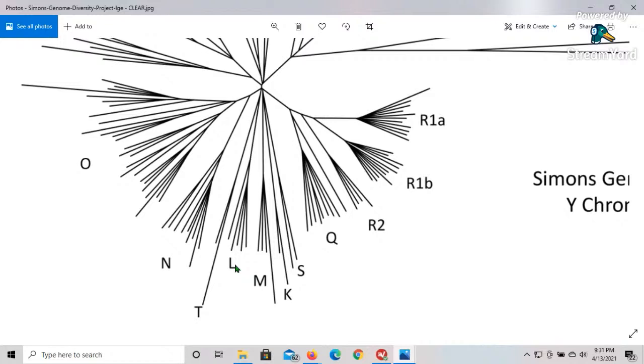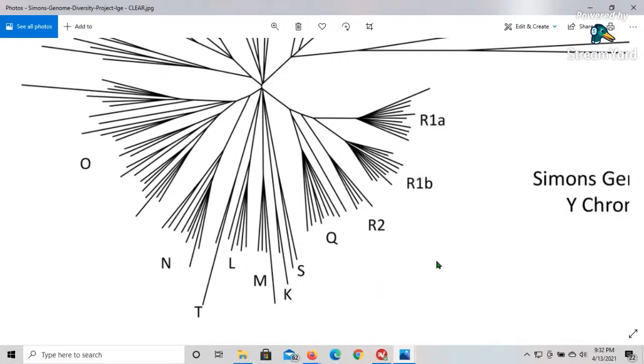But the reason why they can't tell it connects to the L or the T is because they don't know what the Neanderthal Y chromosome would look like today, and so they can't tie it back or connect it up, or they just don't want to connect it up to the L and the T because those are the populations in Europe. So that's what I believe, because this is filled.